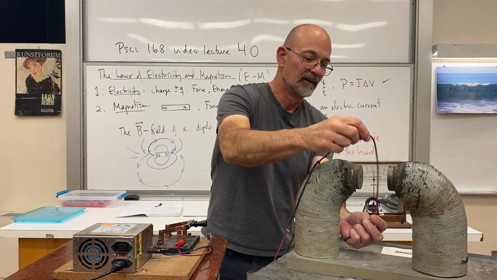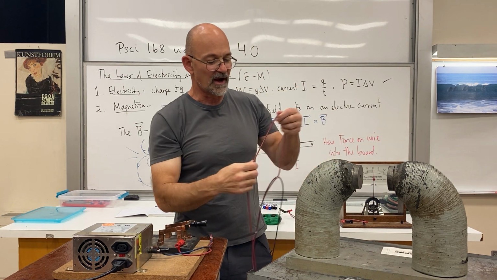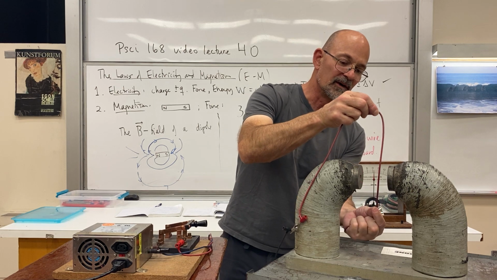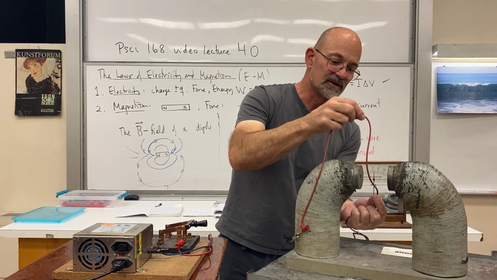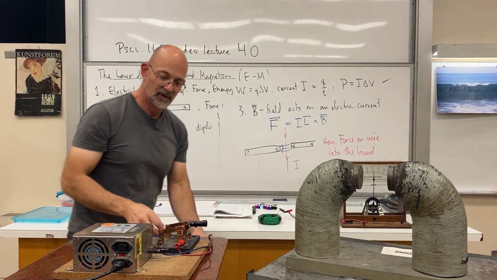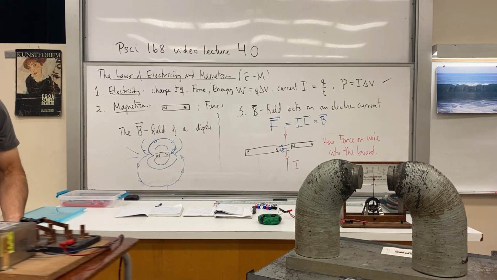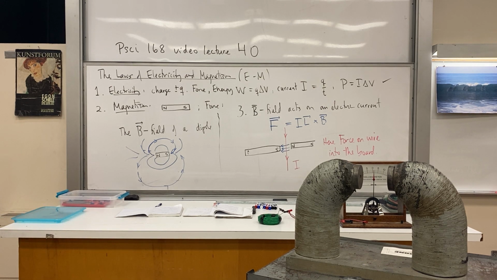So it's got that arc. If I reverse the direction, the arc is towards you guys. Okay, so there's the very important force on a current carrying wire. Okay, I'm going to call that a success. We'll see later if it really was.